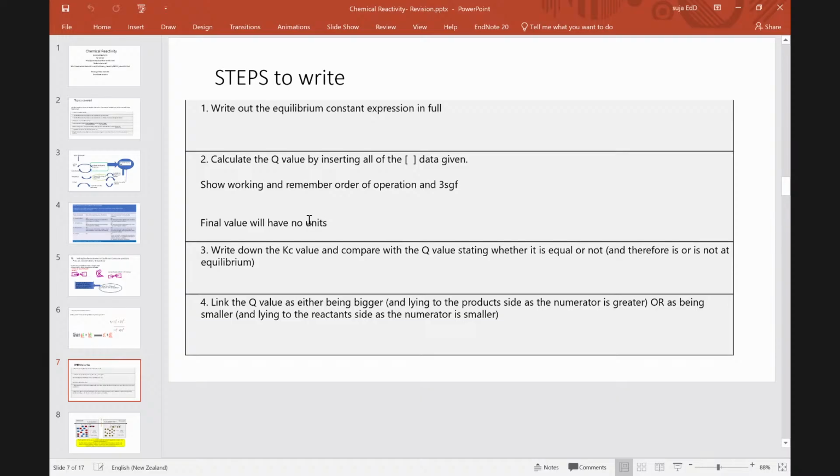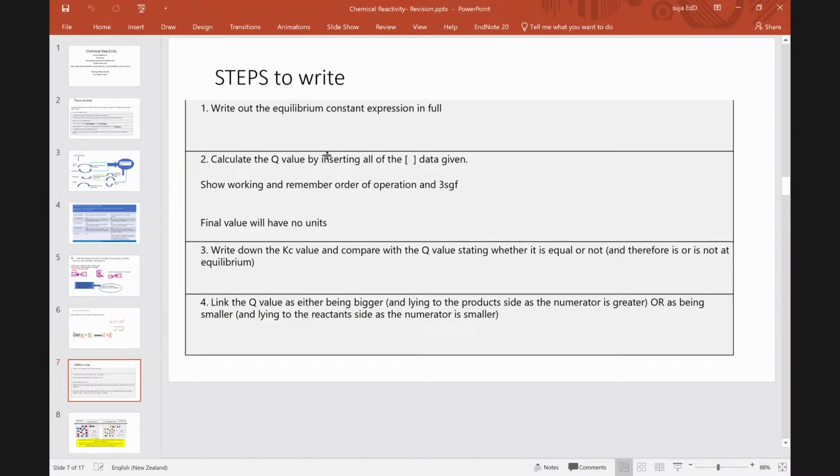Thanks, Sujata. No worries. Now look at the questions. How do you write the equilibrium constant? The equation will be given to you, so you need to use that to write your full equations. Then you calculate. Either you might be given the equilibrium constant, or you might be asked to find the equilibrium constant.